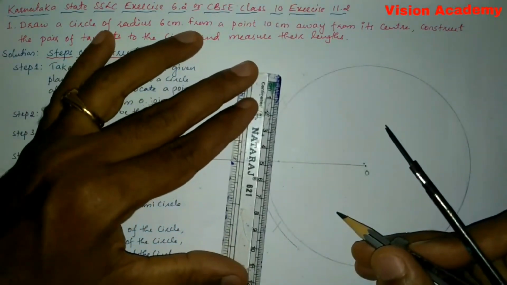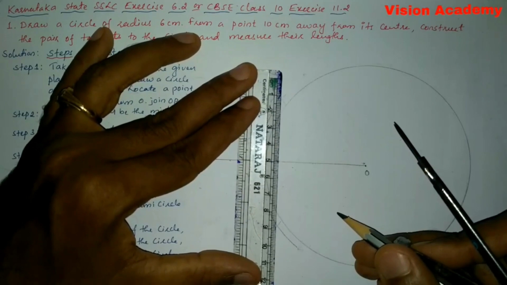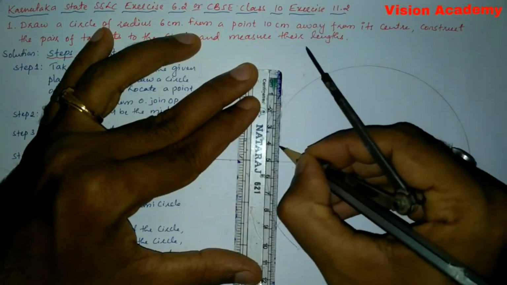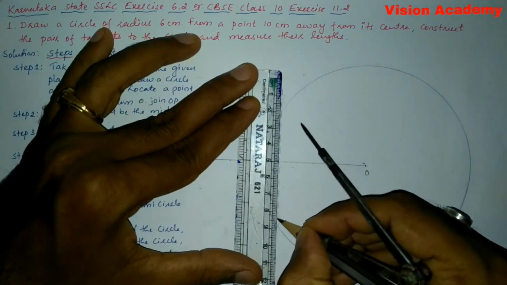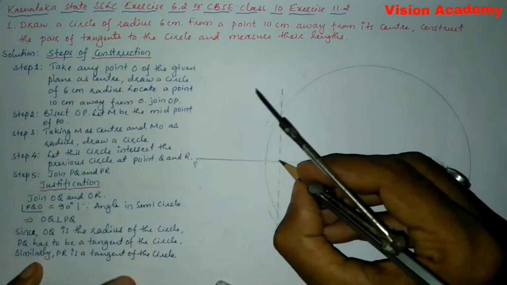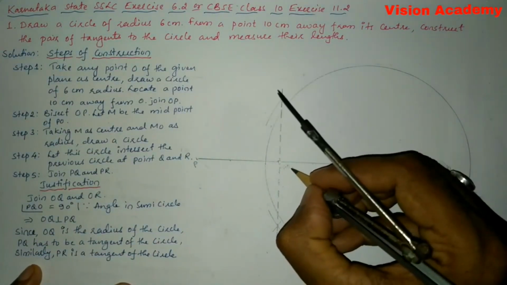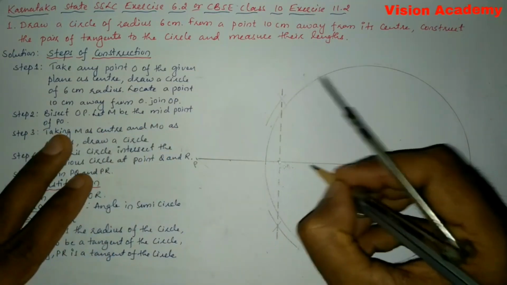Now join both of these 2 points. This point is the midpoint of OP, and let us name it as M. Here we bisect OP, let M be the midpoint of PO.